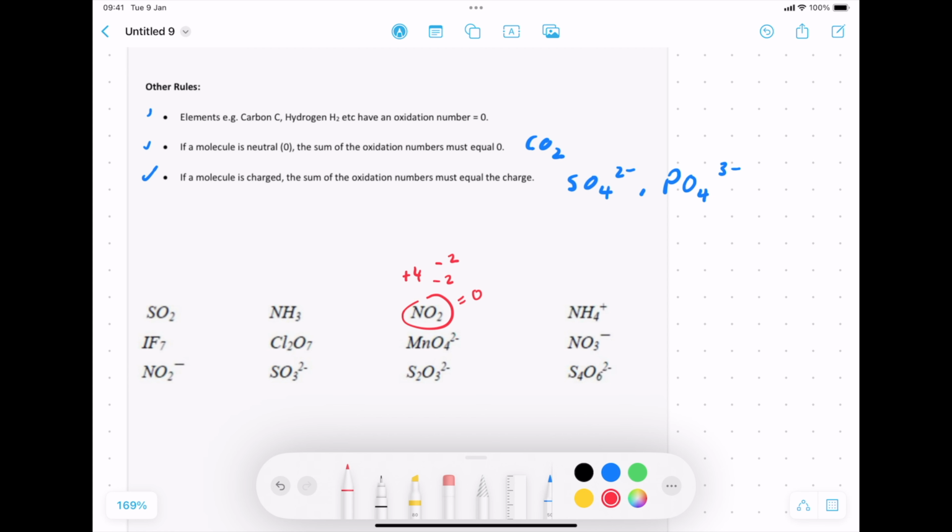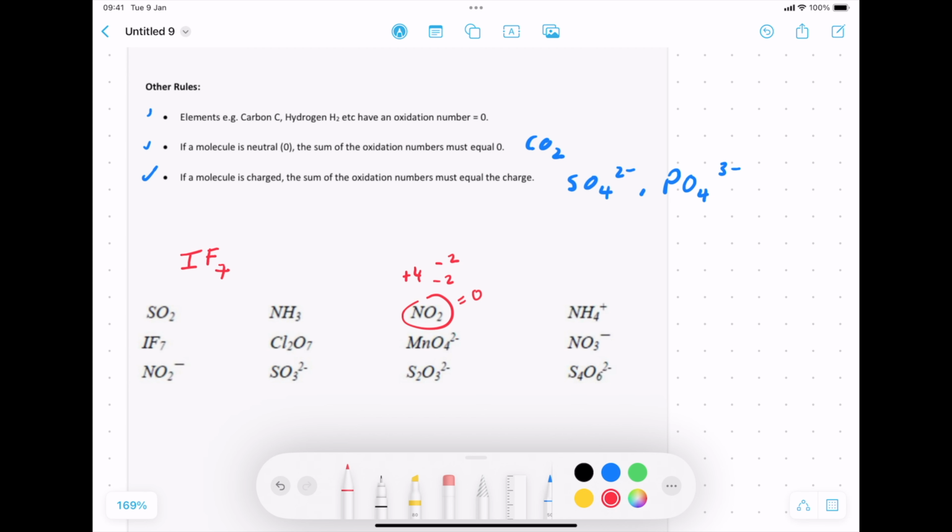Let's take a look at the next one now, which is IF7. Fluorine and iodine are both in group 7. However, fluorine is more electronegative than iodine, and the more electronegative atom gets the preference for the negative number.